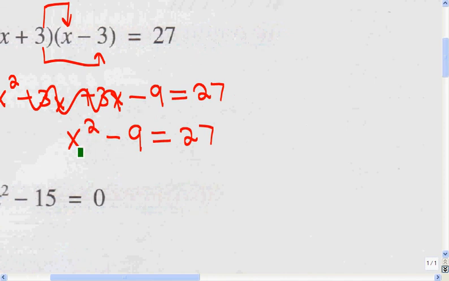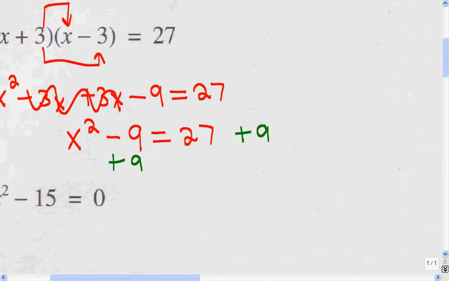Now I want to get x squared by itself. I want to isolate it, so I'm going to get rid of this negative 9. So I'm going to add 9 to both sides. If I add 9 to both sides, I get rid of that negative 9. What I get is x squared equals 27 plus 9.